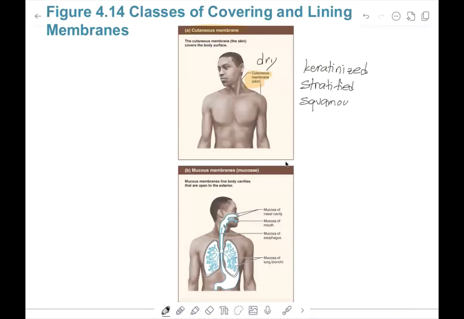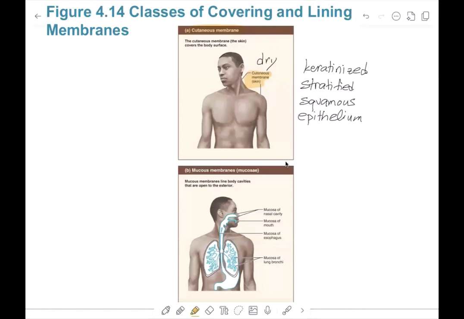And remember, when it is keratinized, it's going to have this tough fibrous protein called keratin, which is going to help to protect the body. Remember, non-keratinized stratified squamous epithelium is only found inside of the body.